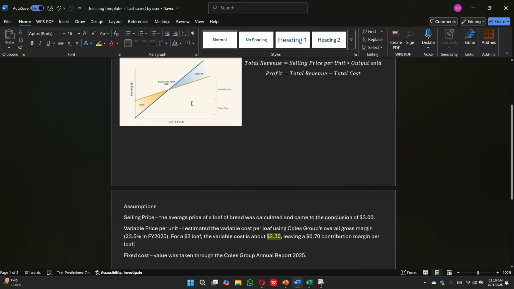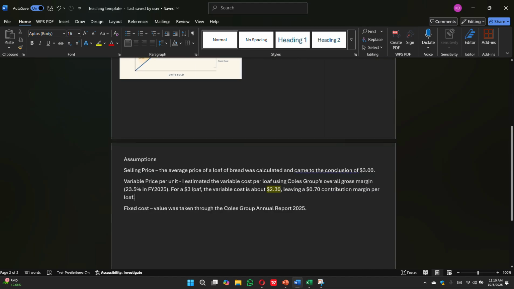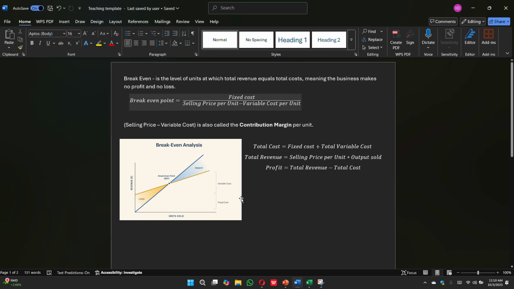So 3 minus 0.70 would be our variable cost, which is 2.30. And fixed cost was just from the course group annual report. And now we can get started with the live demonstration.